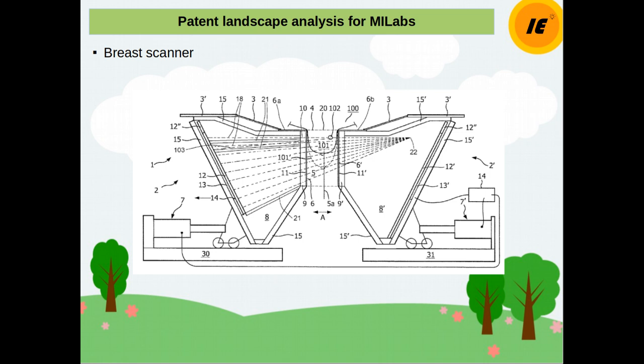The woman's body will be injected with a certain radiopharmaceutical that has an affinity to certain glucose or cancer, and if she had breast cancer, it will be absorbed into the tissue containing the cancerous cells. Then the scanner needs the breast to be put in a certain position, and it will perform the imaging. So this is another interesting patent that they have.